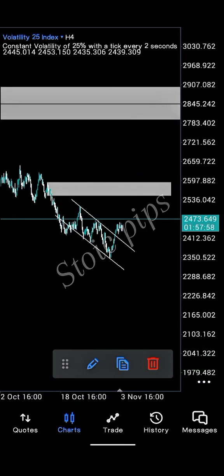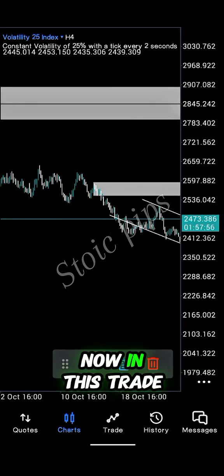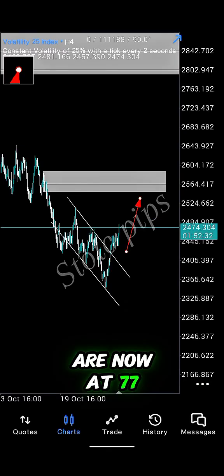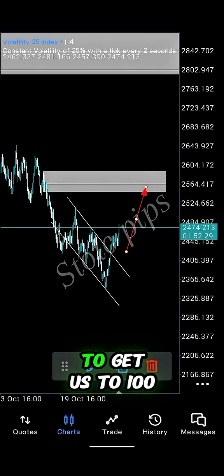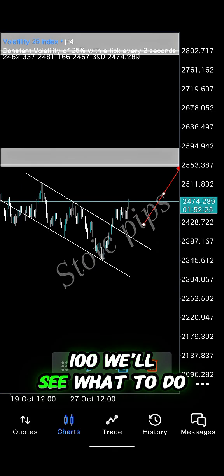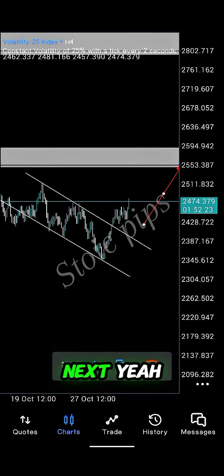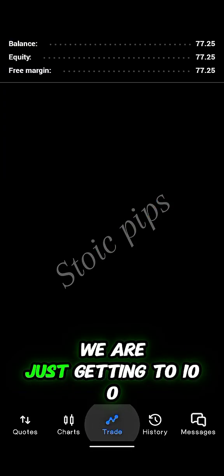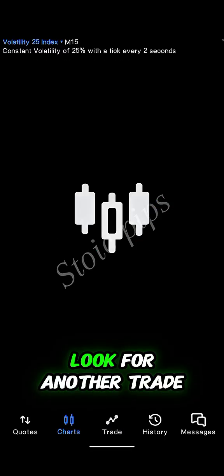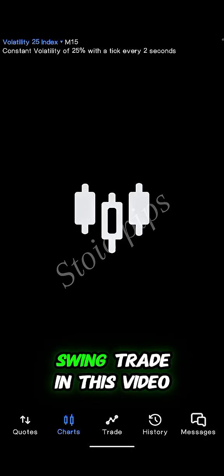Now in this trade, I'm not planning to hold this for long because we are now at 77, and my goal is just to get us to 100. Then after we get to 100, we'll see what to do next. We are just getting to 100, then we go on to another trade, because I'm not planning to swing trade in this video. There are no swing trades in this video.